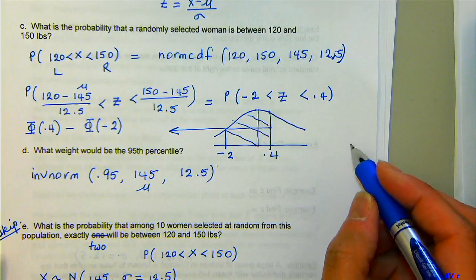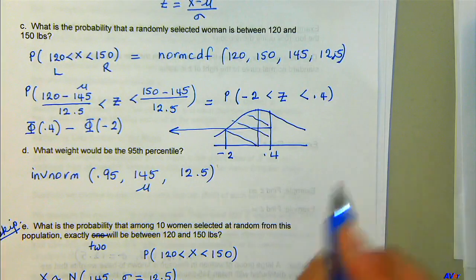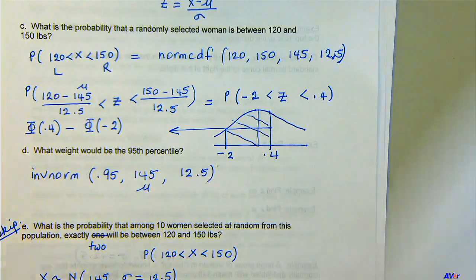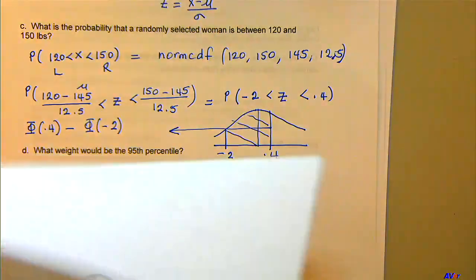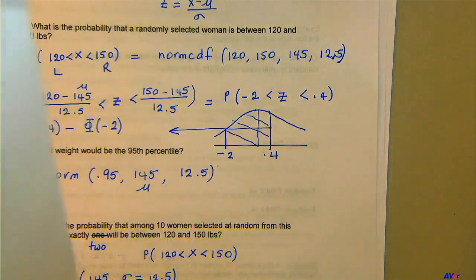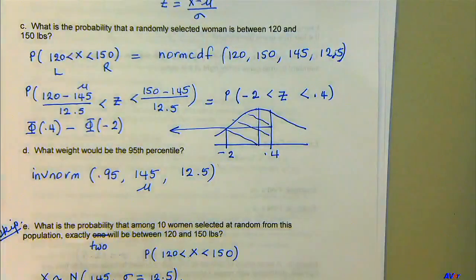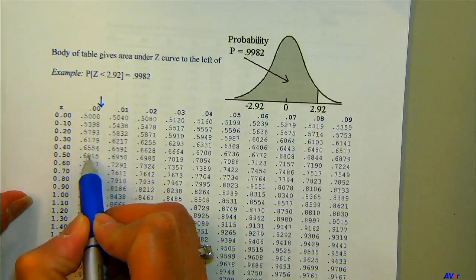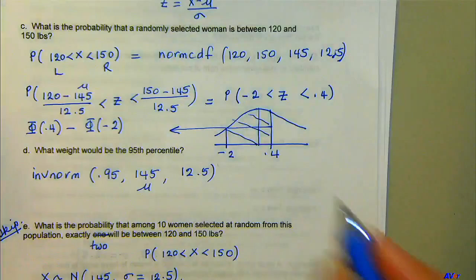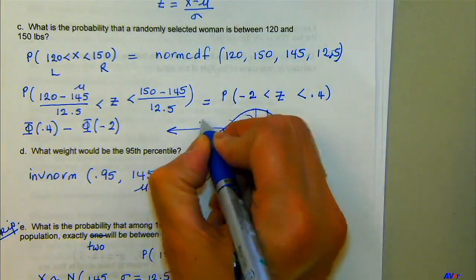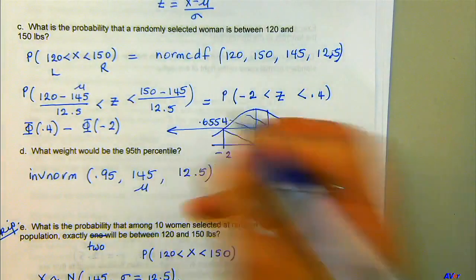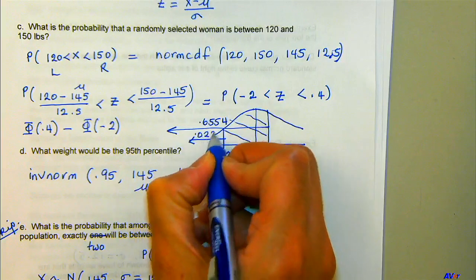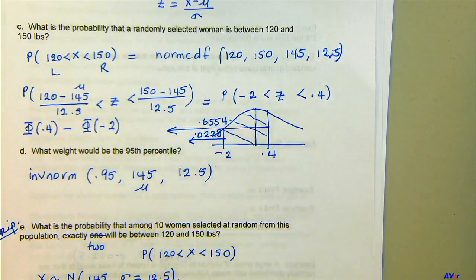Okay, so phi of 0.4 is what? Let's go to the Z table. So I'm here. Phi of 0.4 is 0.6554. And phi of -2 is 0.0228.